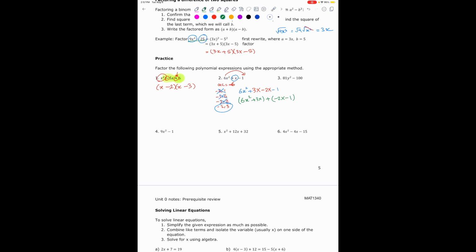The greatest common factor from the first binomial is 3x. So if you divide the first term by 3x, you get 2x and then plus 1, since 3x divided by 3x is 1. And then the greatest common factor from the second binomial is negative 1. So if you take that out, you get 2x plus 1.